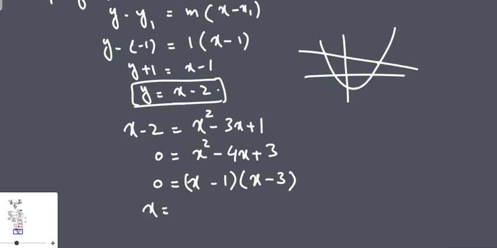So I will get x equals 1 or x equals 3. Is it clear? These are the values of x at which the line will intersect the parent function.